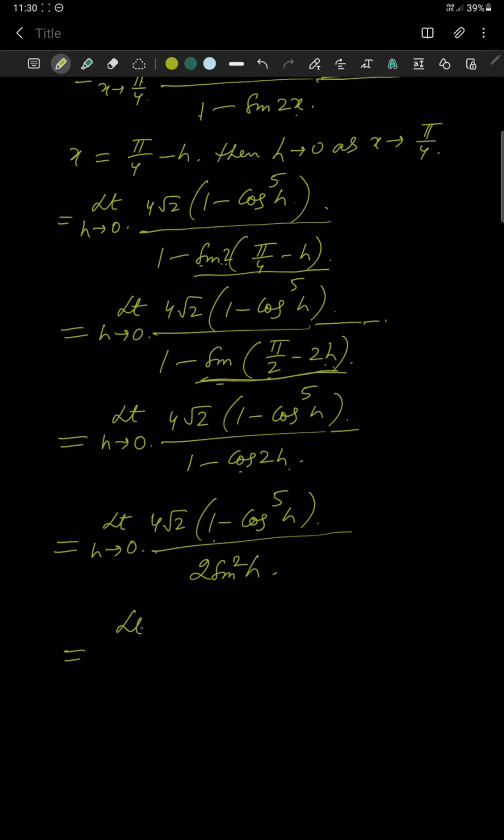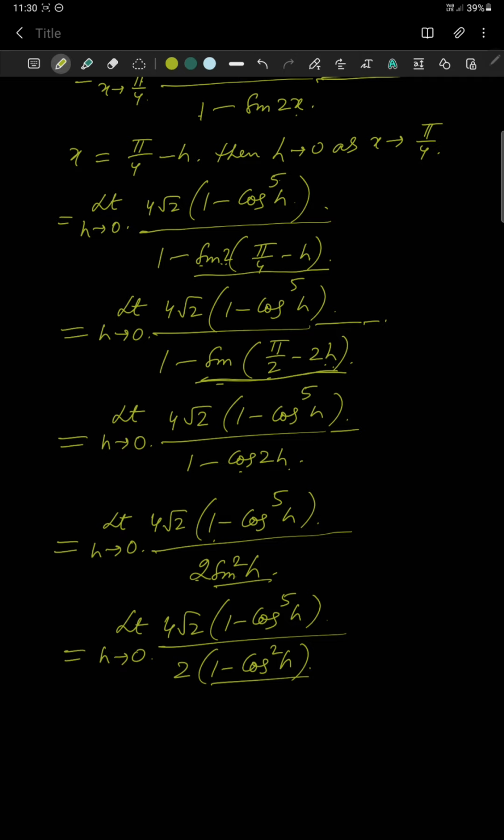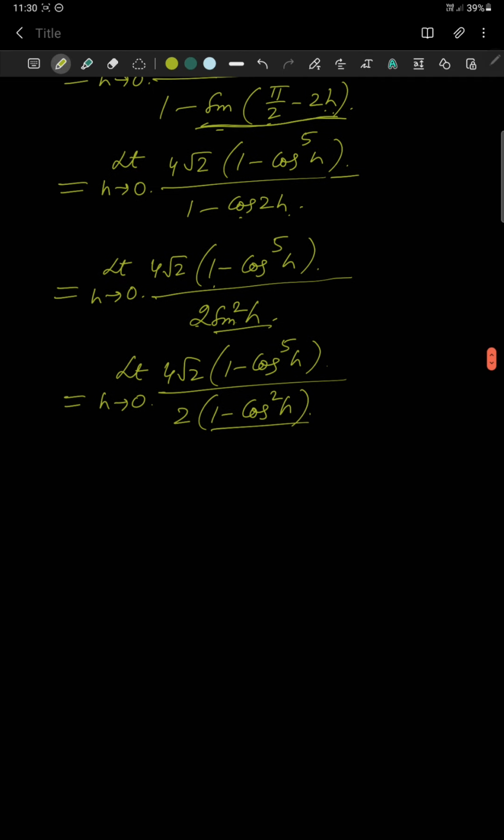Further, this limit h tending to 0, and in the numerator 4 root 2 (1 minus cos 5h), and in the denominator this becomes 2 (1 minus cos square h). This sine square h is written as 1 minus cos square h. I hope it is clear to all of you.